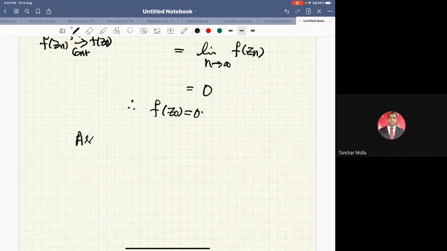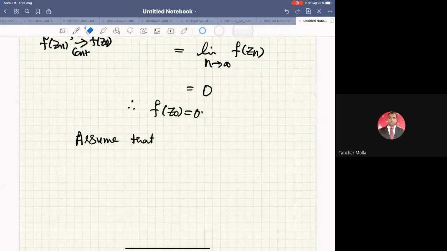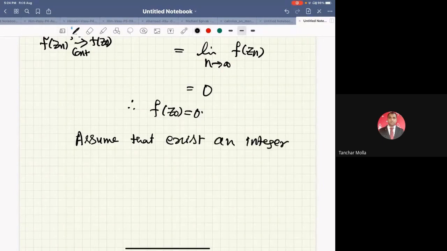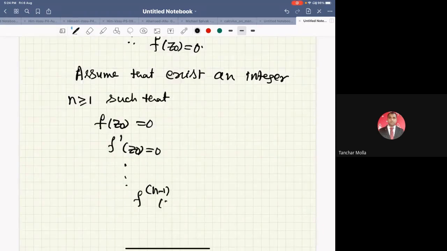Assume that there exists an integer n greater than or equal to 1 such that f of z naught equals 0, f dash of z naught equals 0, up to f^(n-1) of z naught equals 0, but f^(n) of z naught is not equal to 0.